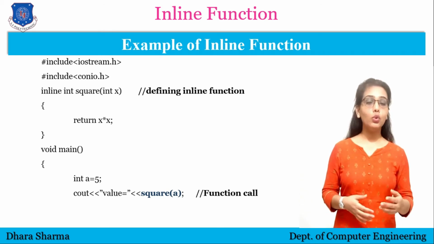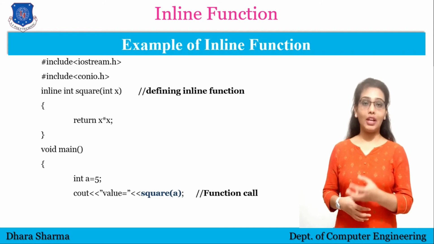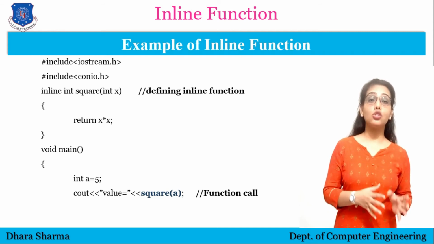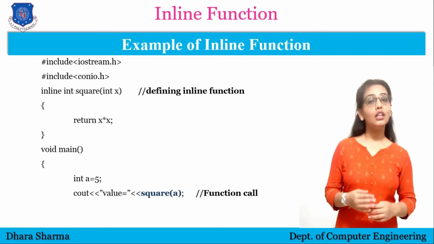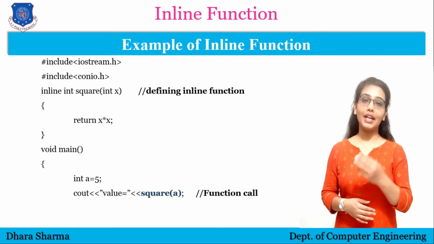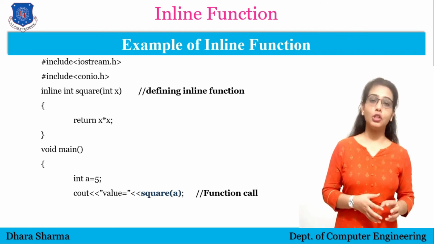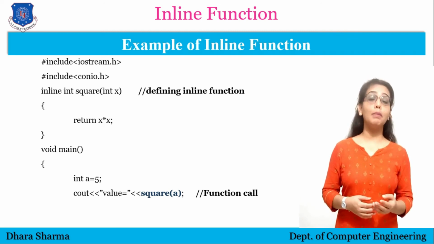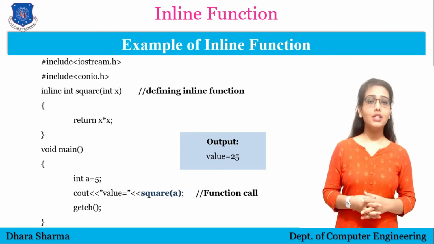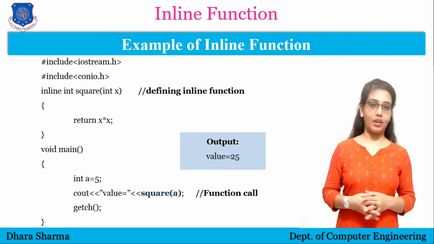It will store the value of that variable, it will store the returning address, and then it will jump to the function, execute the function, and the result will be returned to the main function and printed, which will be 25. Square of 5 is 25.